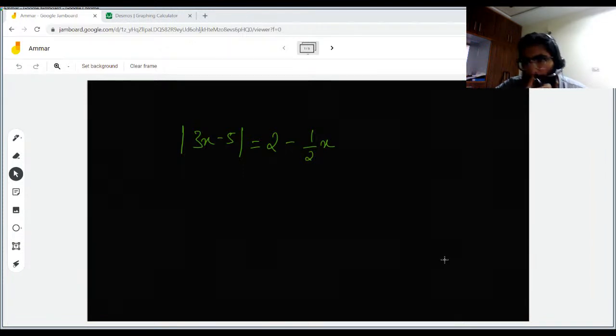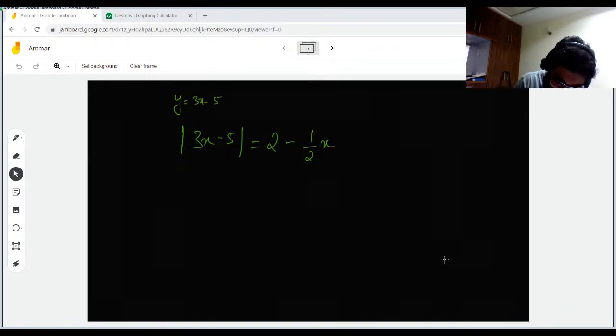Okay, so what I'll do for this one, I'll again have to draw two graphs. First, I'll have to draw the graph of y is equal to 3x minus 5, and then I'll have to draw the graph for the other.